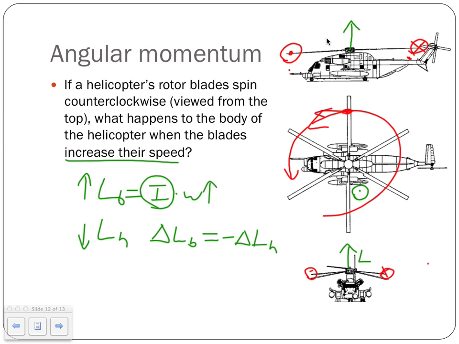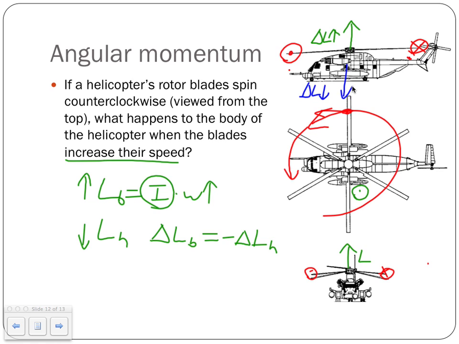I'll use green for the blades and blue for the helicopter body. So the change in momentum here is going to be positive, which would mean that for the helicopter body, the change in momentum would have to be negative, and so it's going to go from 0 to being down like this.